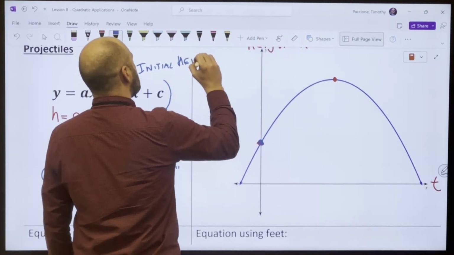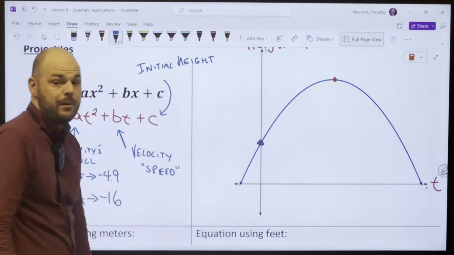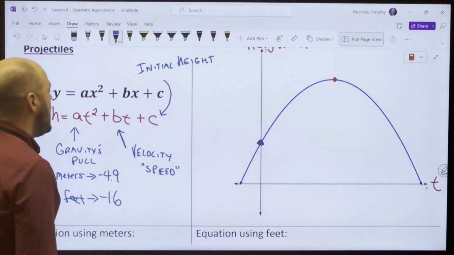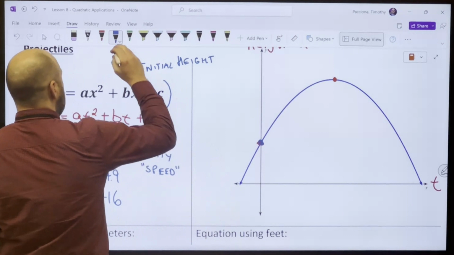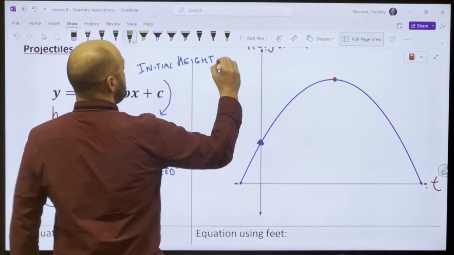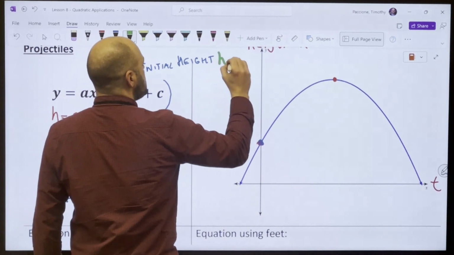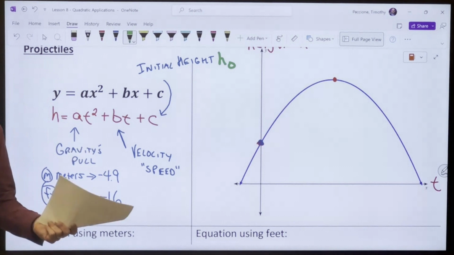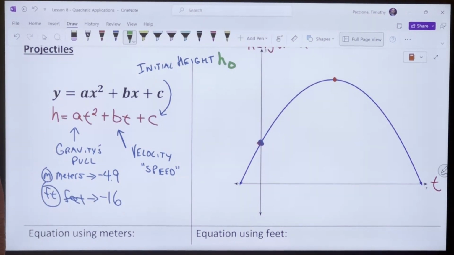It's wherever this thing was launched from. Maybe it was a 10-foot platform. Maybe it was the ground. Maybe it was my arm as I threw it, the height of my arm. So that's our initial height. Now, there are letters that we use for these. Our initial height is our h sub 0. That's just your height at time 0. Sub is like the opposite of an exponent.